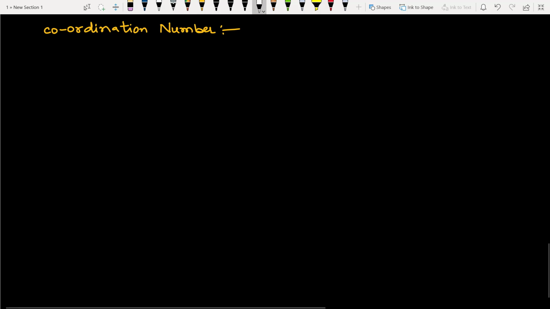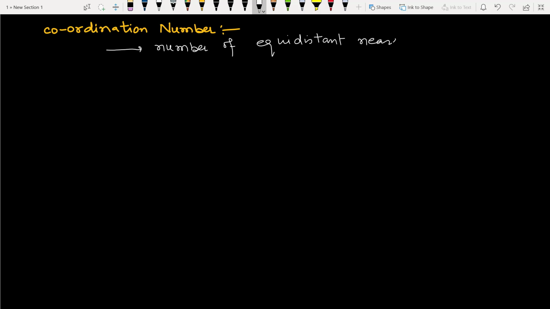Coordination number is defined as the number of equidistant nearest neighbors that an atom has in a given structure.